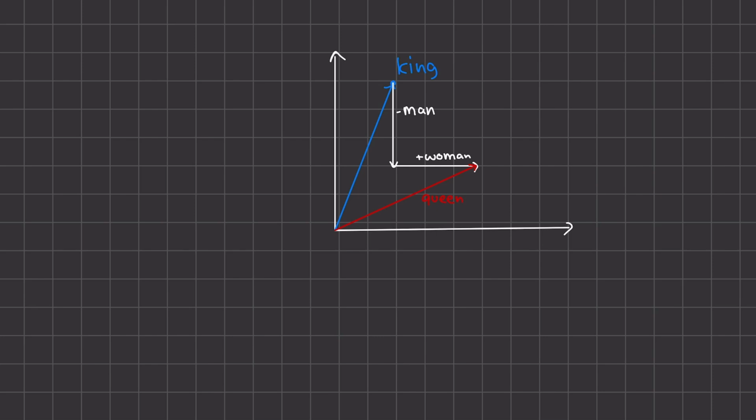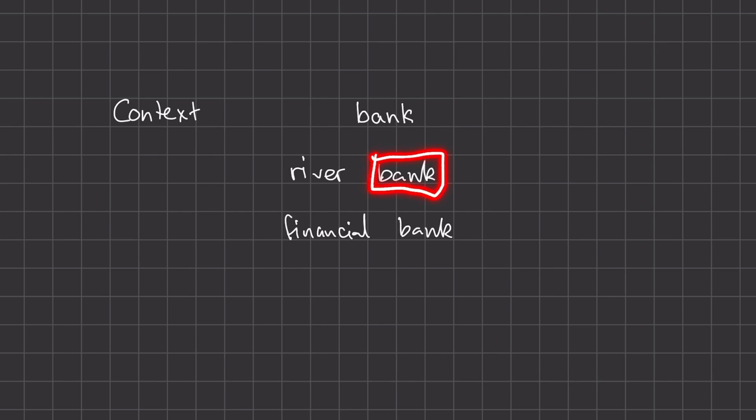One further relevant concept is that of context, because we have certain words, like for example bank, which might have several meanings. So we would have, for example, the river bank or the financial bank. And here, the exact representation of bank should not be the same for both of these because they have two different meanings.